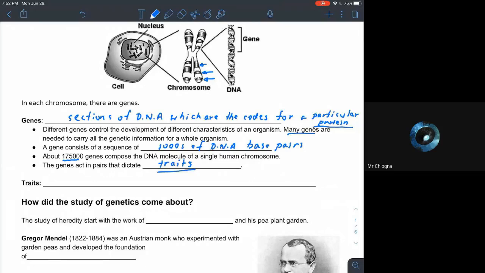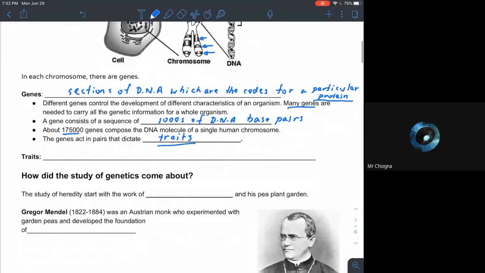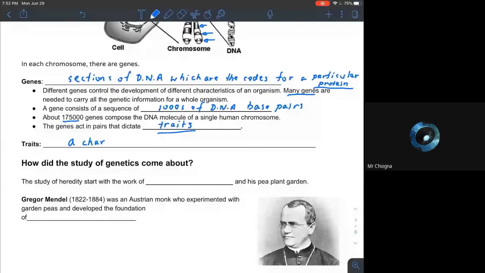A characteristic, that's what a trait is. It's a characteristic an organism not only has, but can pass down to its offspring.